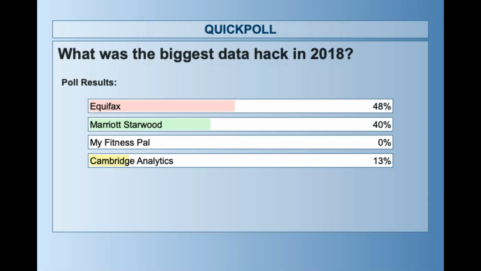So let me take you through some quick slides. I saw the headline, and we've become almost immune to this idea. Another week, another data breach. I didn't even realize MyFitnessPal, which I used to use. Unfortunately, I wish I was still using. But just look at the raw numbers here, 500 million.